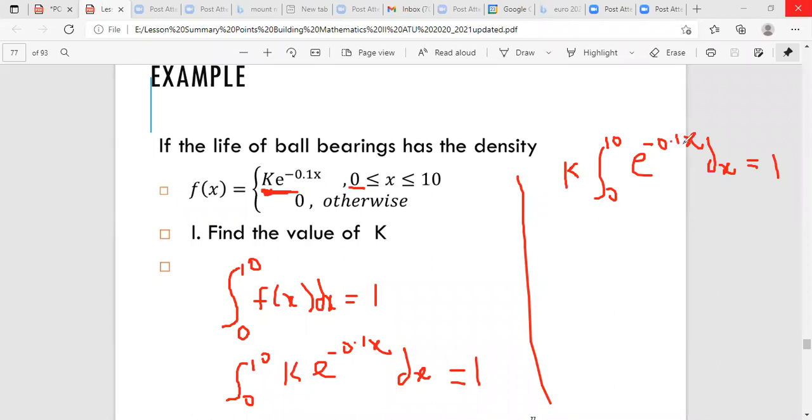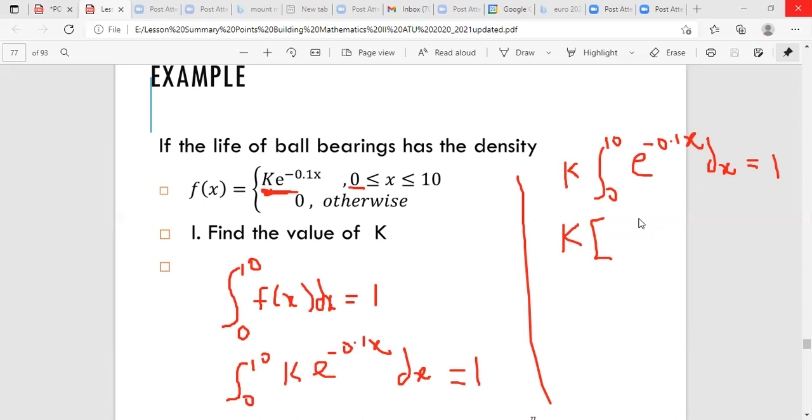You have to come and differentiate the exponent up here, and multiply with it. So if you remember your rule from last term, this will be negative 0.1. Sorry about that, we are talking about integration here, so it's going to be divided by negative 0.1 instead of multiplying with negative 0.1. So let me clear that.